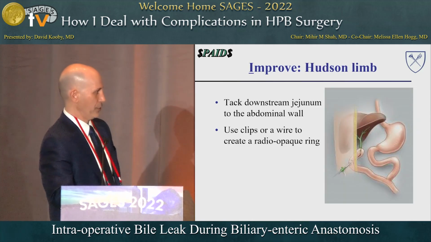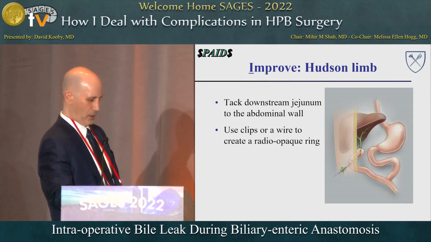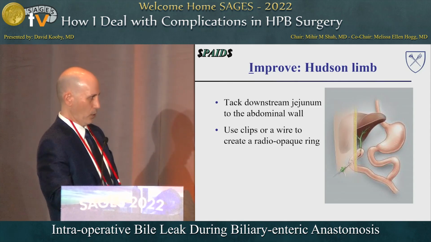And then I mentioned earlier about a Hudson limb. So for those of you not familiar, the Hudson limb is downstream from the biliary-enteric anastomosis. You can actually suture the jejunum to the abdominal wall.